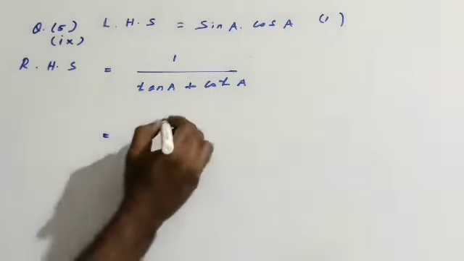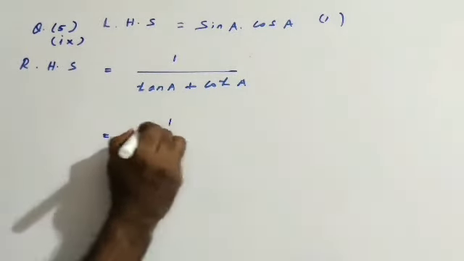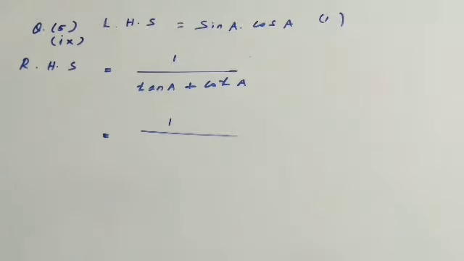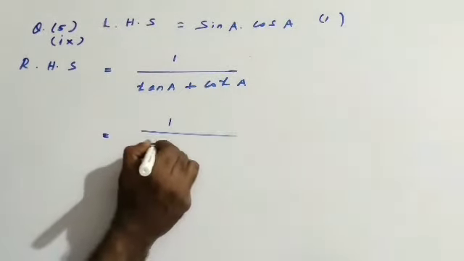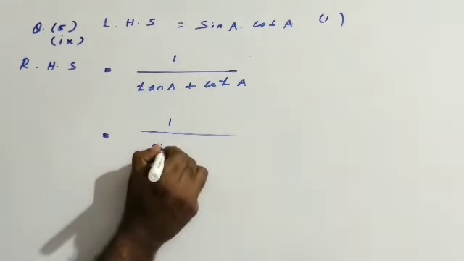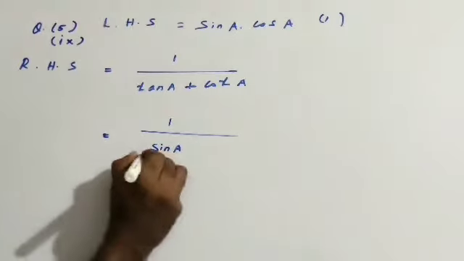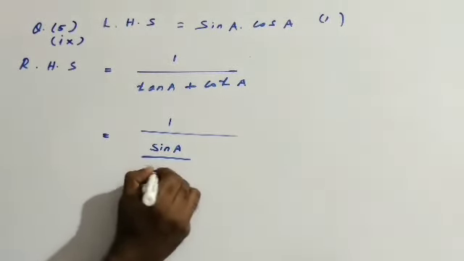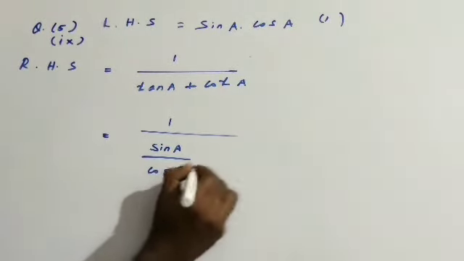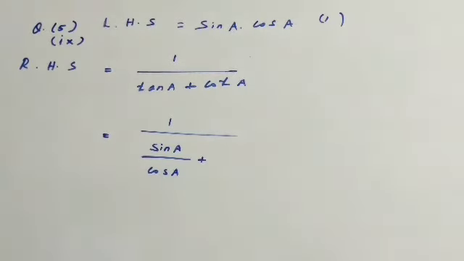We know the identity tan theta equal to sin theta by cos theta. Here tan A is there, so you can write sin A by cos A plus cot A. For the identity cot theta equal to cos theta by sin theta, it is a reciprocal value of tan theta.